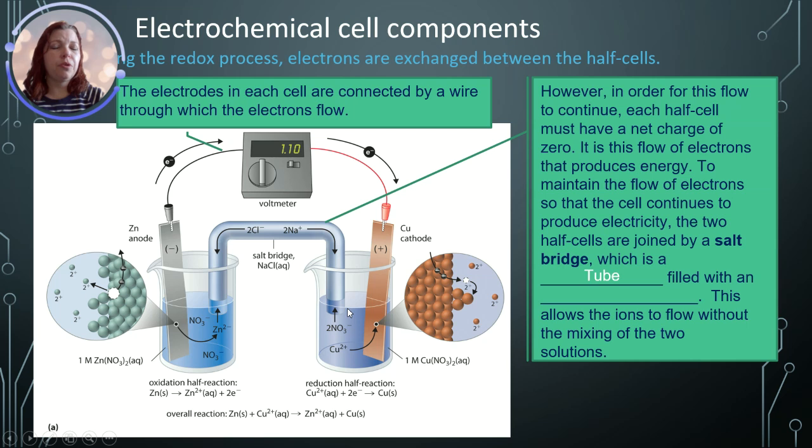Sometimes in the lab, we will also use a piece of cloth or a piece of filter paper. If you have a tube, it's filled with an ionic or electrolyte solution. If it's a piece of cloth or a piece of paper, then we just soak it in the electrolyte solution. This allows the ions to flow without the mixing of the two solutions. Okay, and you can see that here.